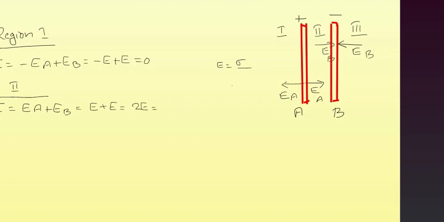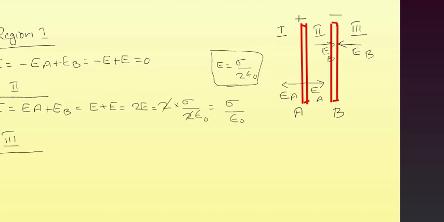And from our previous discussion we have seen that E is equal to sigma by 2 epsilon 0. Therefore it is 2 into sigma by 2 epsilon 0, which is nothing but sigma by epsilon 0. That means between the two sheets the electric field is sigma by epsilon 0 in the case of a capacitor.